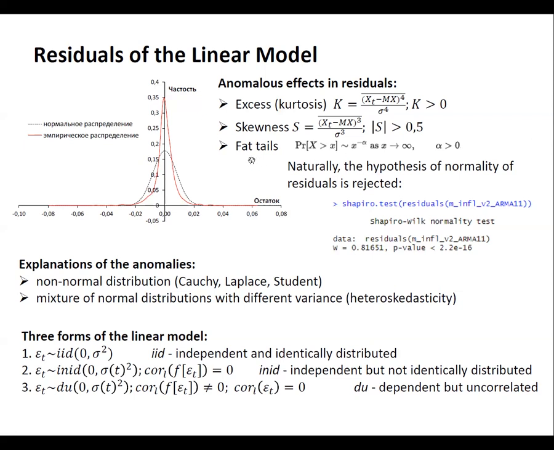And the third anomalous effect in the residuals after applying the ARMA model is called the fat tail effect. Fat tails. In essence, this effect characterizes that the probability that the actual value will be greater than the set values decays slowly, rather than exponentially.